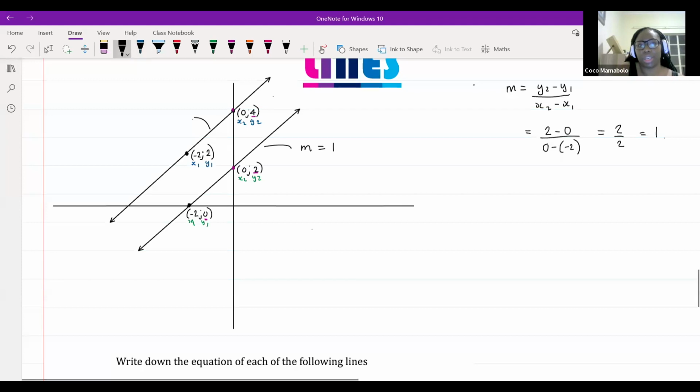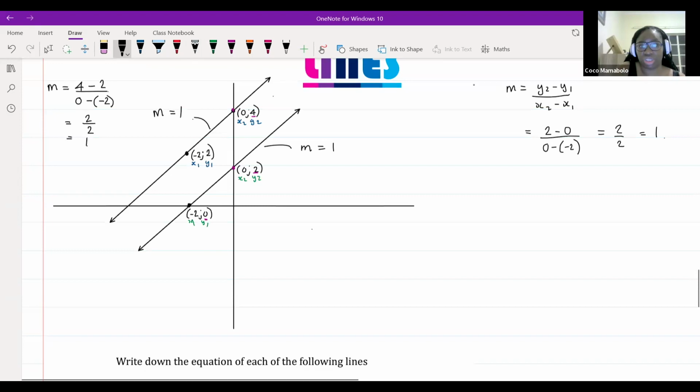Gradient is going to equal y2 minus y1, so 4 minus 2, over x2 minus x1, which is 0 minus -2. 4 minus 2 gives us 2, over 0 plus 2, which is 2. The gradient is also 1. So the gradient of that line is 1, and the gradient of this line is 1.